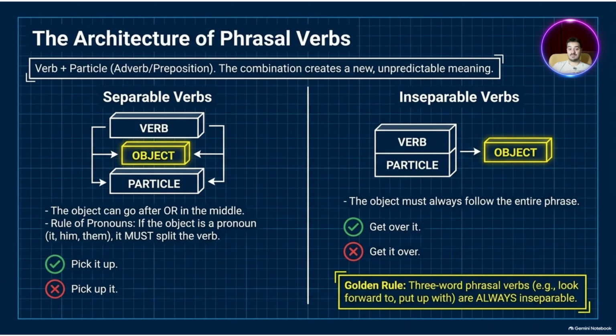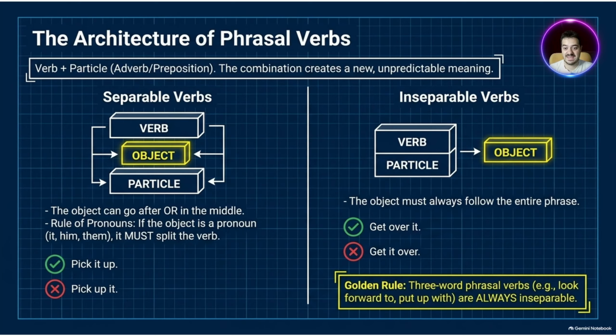If the object is a pronoun, for example, it, him, them, me, or her, it must split the verb, meaning you cannot put it after the separable verb. And what do we mean by a separable verb? It means that you can actually separate the main verb and the particle, the adverb or the preposition, from each other and put anything in between. For instance, I can say turn off the TV or turn the TV off. This is a separable verb.